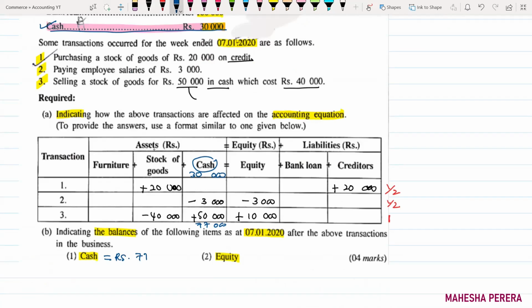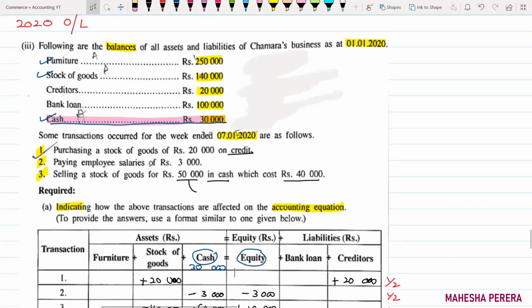Rupees 77,000. And then what about the equity value? Now here, what's the opening balance of equity? Now for this again, you need to refer to the opening balances given. Here you are given the assets opening balances as well as liability opening balances. So you can easily find your equity opening balance.